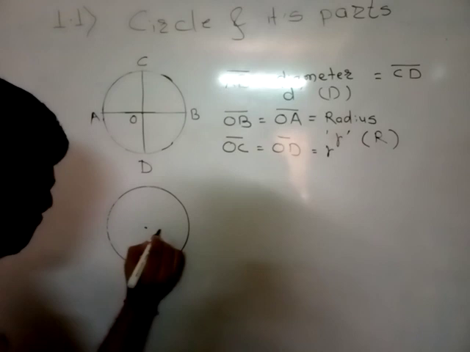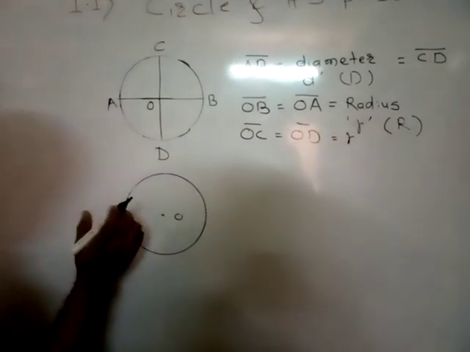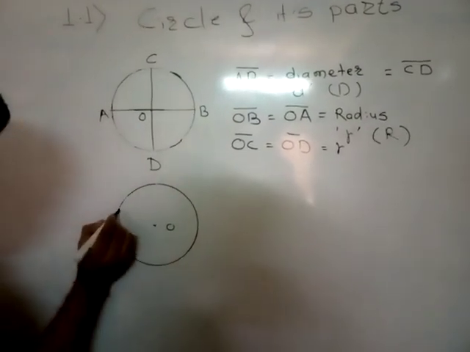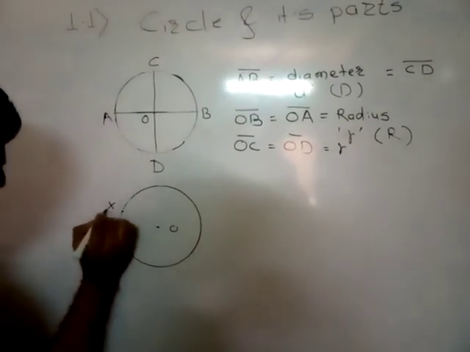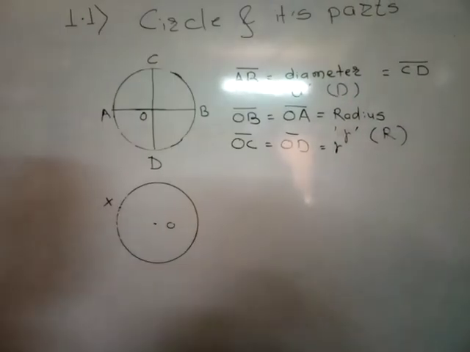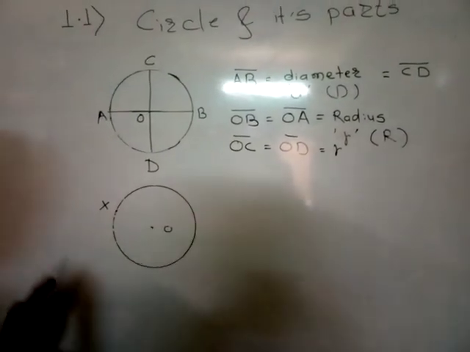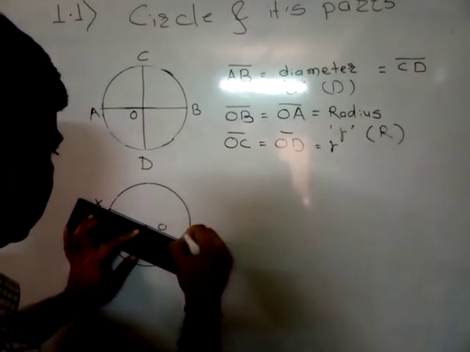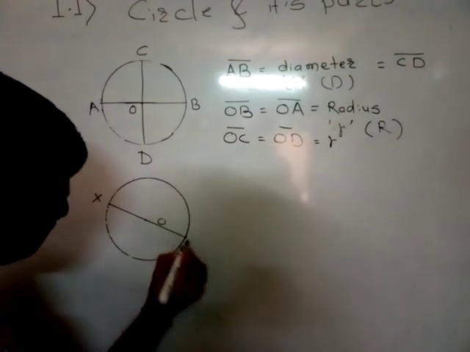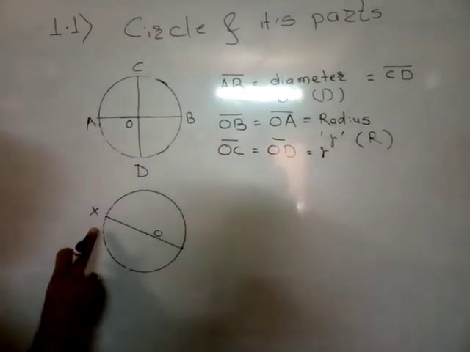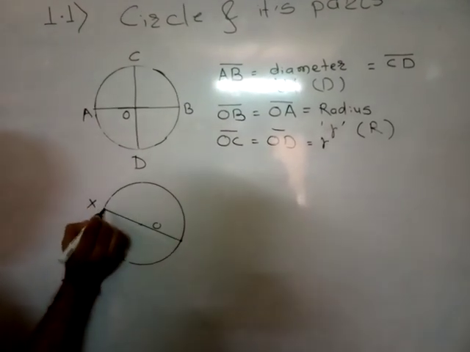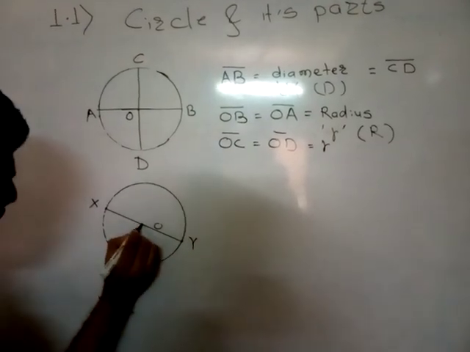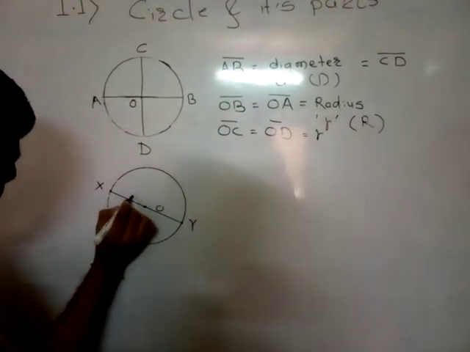So any line segment that joins a point on a circle, passing through center O, and joins another point on the circle, is known as the diameter of the circle.